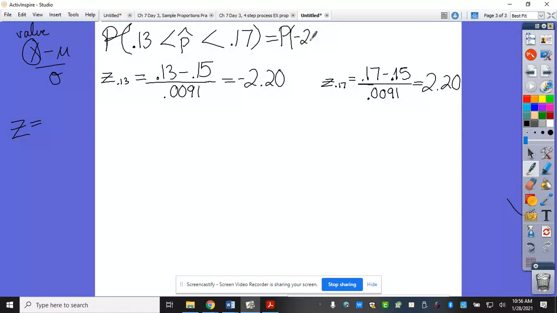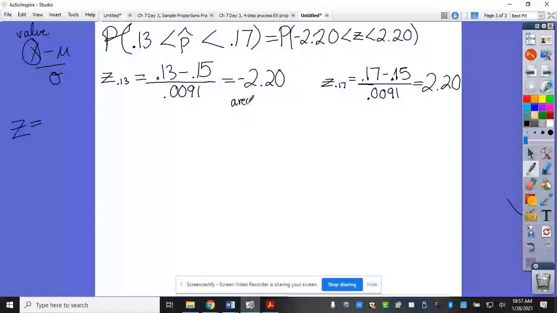So I'm finding the probability that my z is now between negative 2.20 and 2.20. Then what? What do I need to do with these?